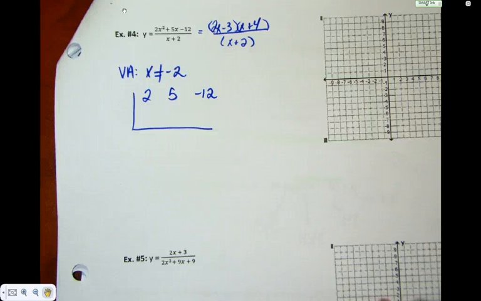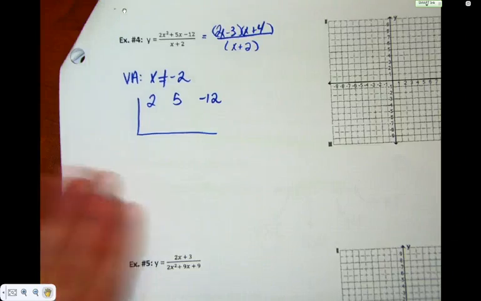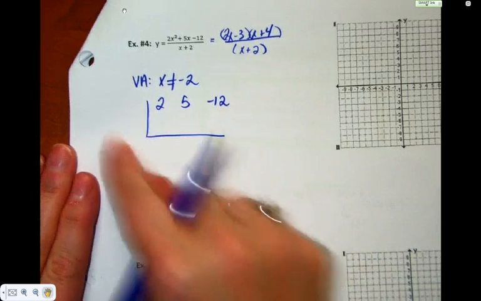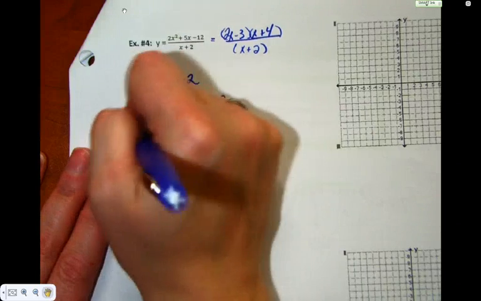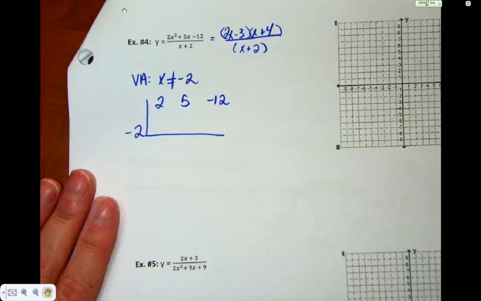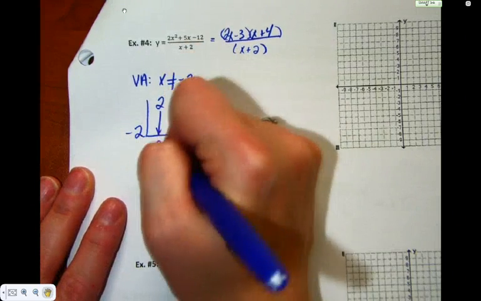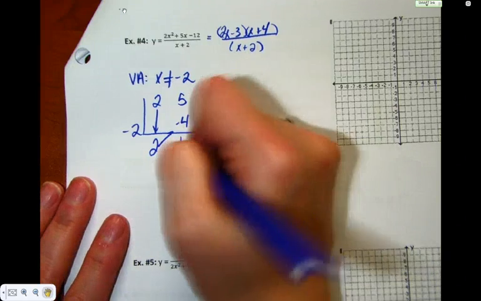I asked the other class the other day, what's the name of the first method? And somebody said, method 1. Yes, thank you. Where do I get the number that goes on the outside? X equals negative 2. Yeah, so what is x equal on the bottom? Bring down the 2.